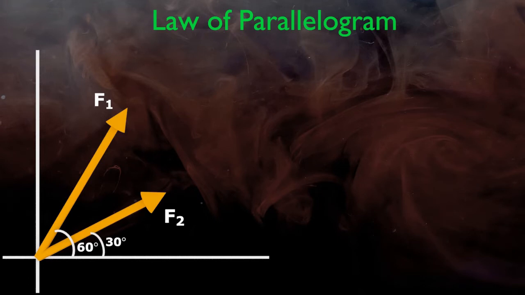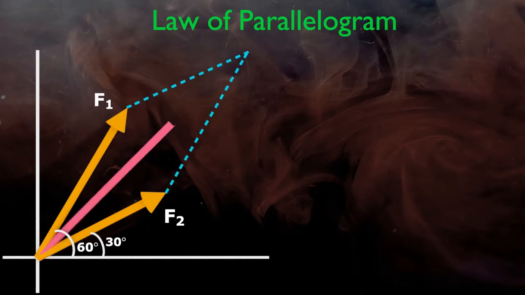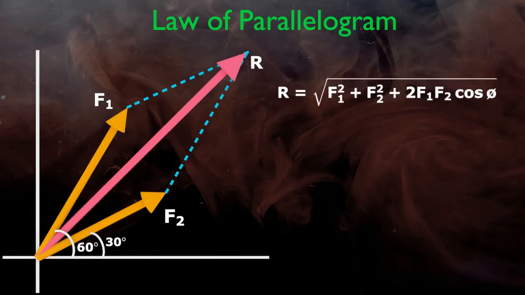If the given two forces are two adjacent sides of a parallelogram, the equation to find the resultant R is under root F1 square plus F2 square plus 2 F1 F2 cos phi. Here phi is the angle between F1 and F2. The derivation of this equation is explained in detail in a previous video.